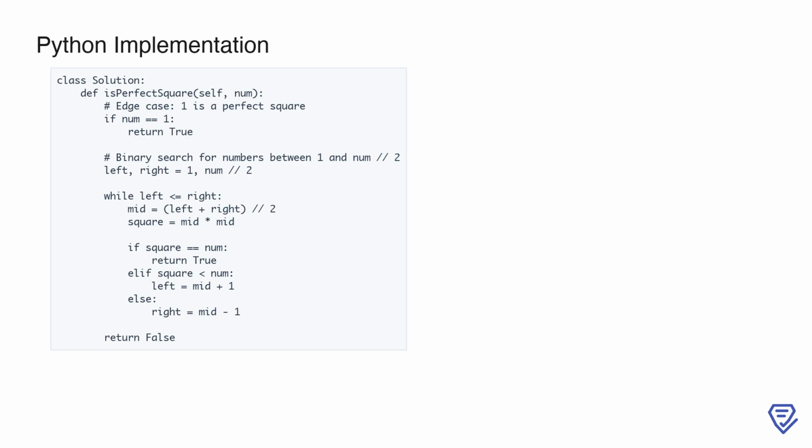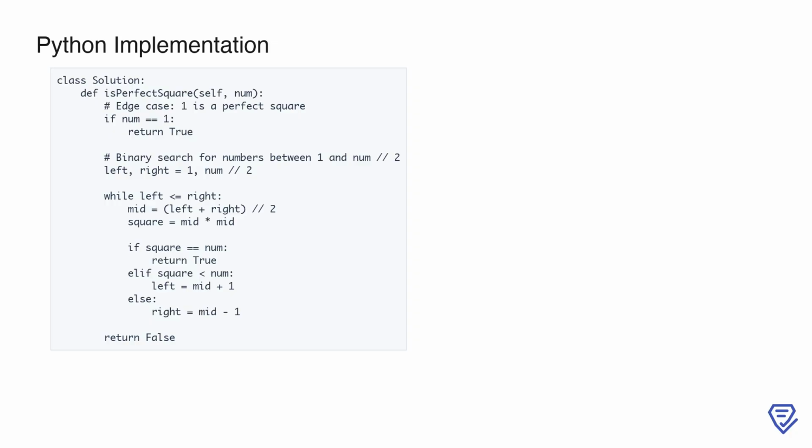If mid*mid is less than number, the search space is adjusted to the right half by setting left equals mid plus 1. If mid*mid is greater than number, the search space is adjusted to the left half by setting right equals mid minus 1. The loop continues until all potential candidates for the square root are exhausted. If no perfect square is found, the function returns false.